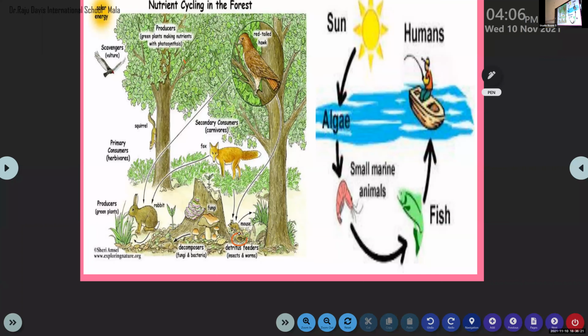So the plants will be eaten by the mouse and also by these insects and worms. Then the mouse can be eaten by the fox. After the fox or hawk die, they will be decomposed. When they decompose, they become fungi again, and the plants will take the nutrients from this. So there are so many food chains because these all are eating one another. So that is what I showed.